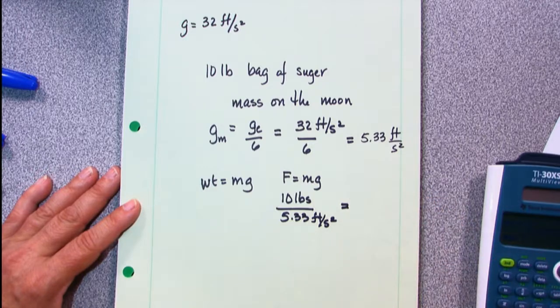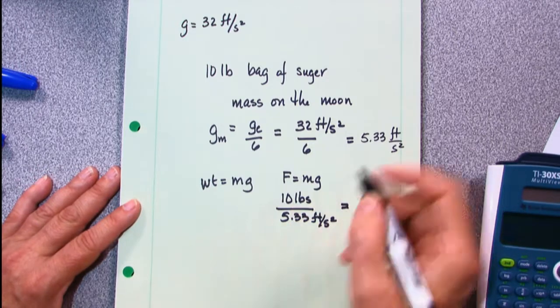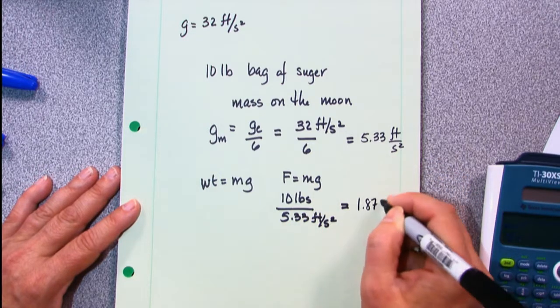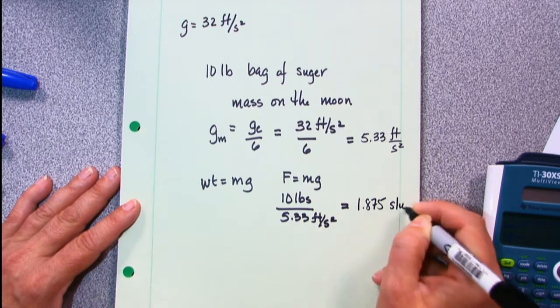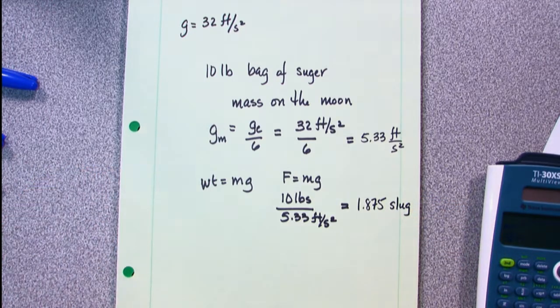That gives me 1.875 slugs, because I'm working in English units. Luckily for us, most of the time we are working in newtons, so we don't have to worry about it.